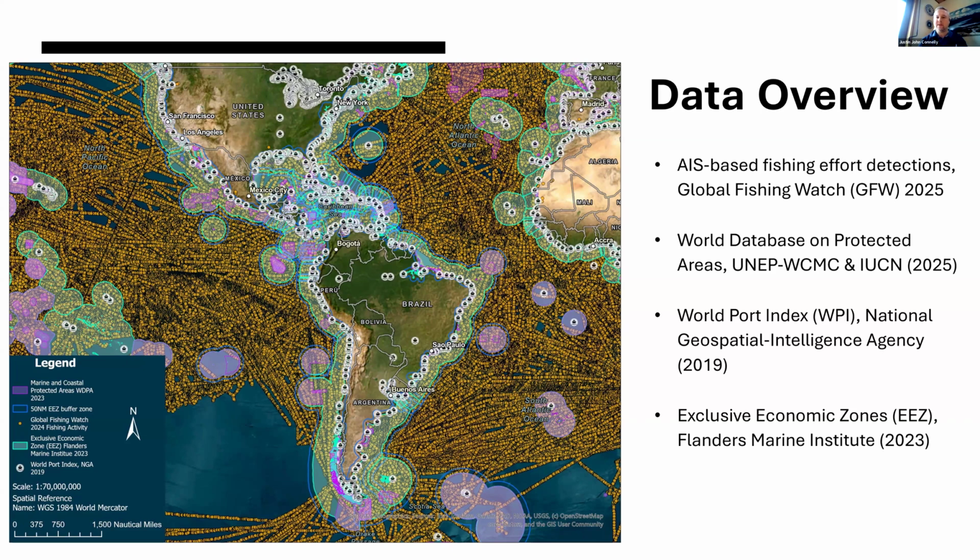The next important data source here is the World Database on Protected Areas. This is published globally, and this has any sensitive area. This would be like if you've seen wildlife refuges, whether they're national, state, that is all in this database. And where I'm using this information is the marine and coastal areas.